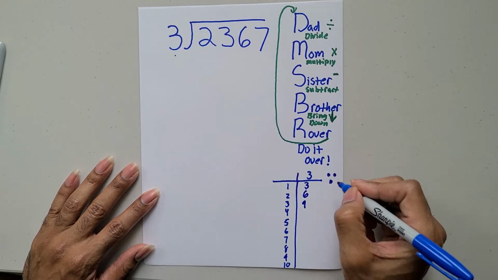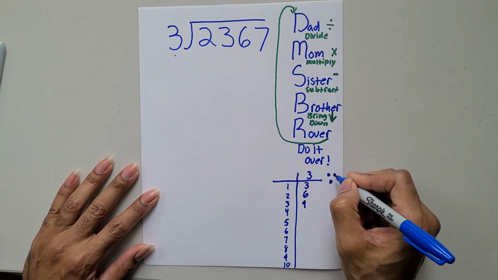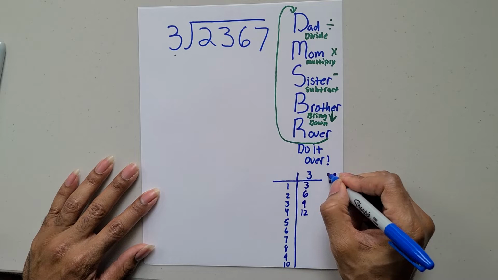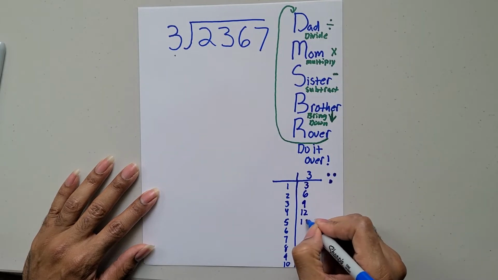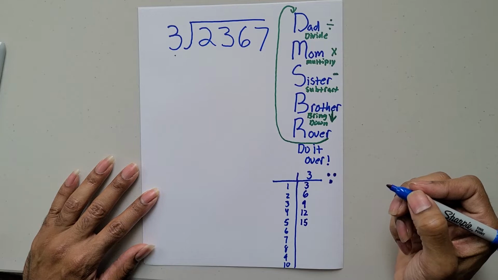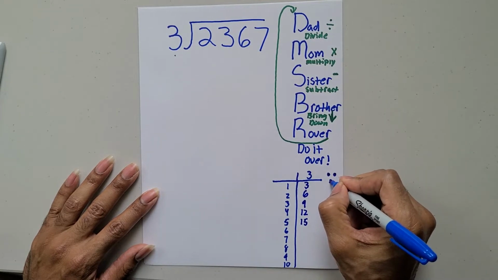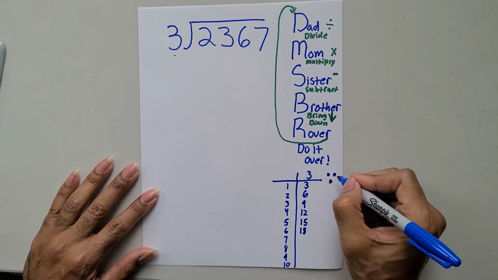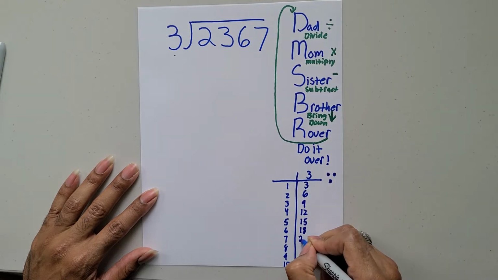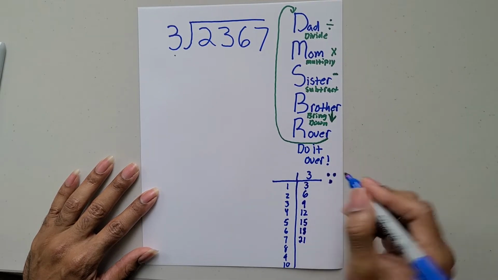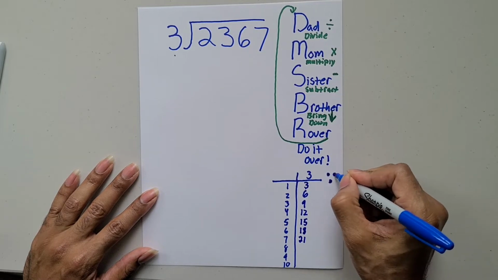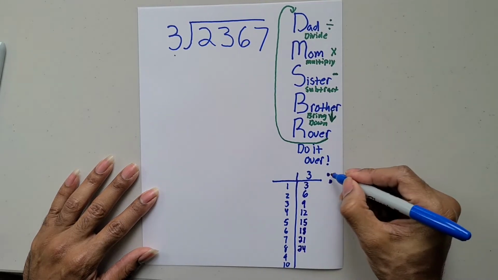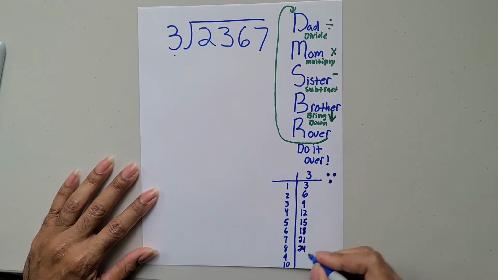9 plus 3, 9, 10, 11, 12. 12 plus 3, 12, 13, 14, 15. 15 plus 3, 15, 16, 17, 18. 18 plus 3, 18, 19, 20, 21. 21 plus 3, 22, 23, 24. 24 plus 3, 25, 26, 27.